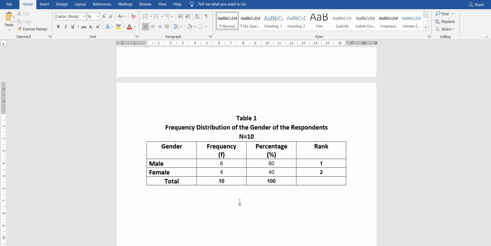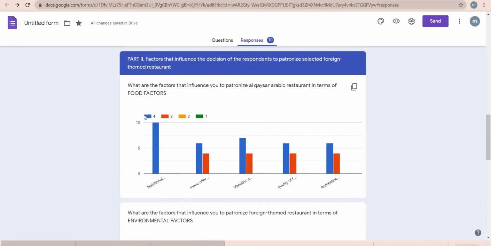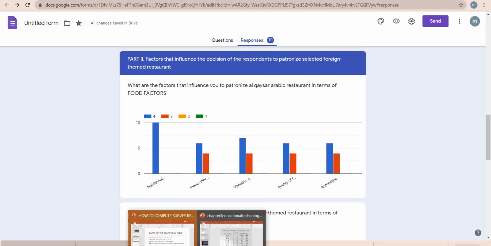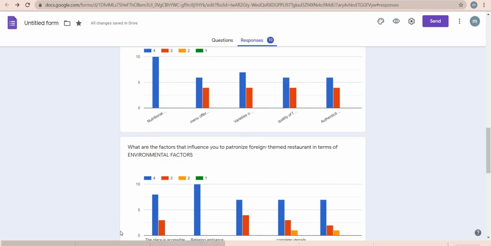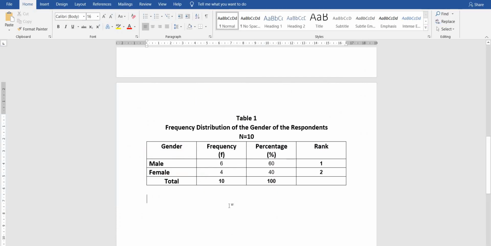Pag natapos na natin to lahat, next natin is the average weighted mean, which entails the responses ng my Likert scales or my extent or my degree of seriousness, etc. Okay? So, that's it. Guys, thank you for listening and I hope I help you with the statistical table of your studies.